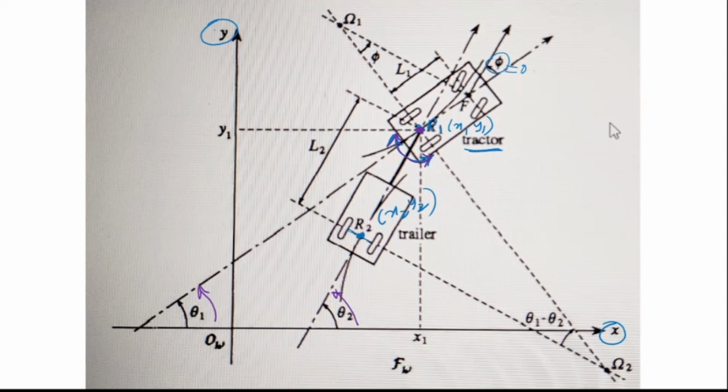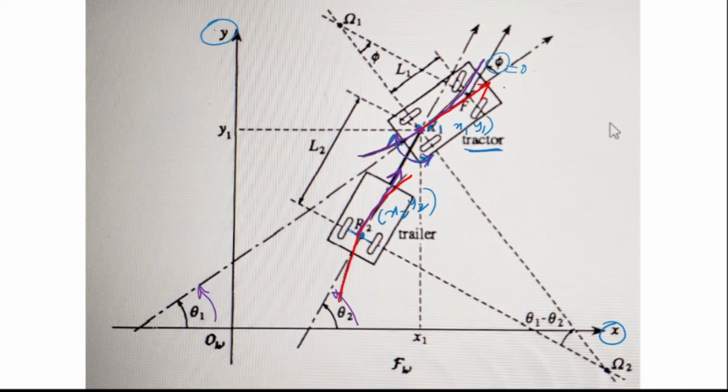Now the first thing to note here is that when the tractor is taking a curve like this, the velocity at that point is going to be tangential to the curve. Let me draw it again. This is my curve that the tractor is taking, so the velocity at that point has to be tangential, in this direction. What about the trailer? The trailer is taking a curve like this, and the velocity would be tangential to the curve at the point R2.